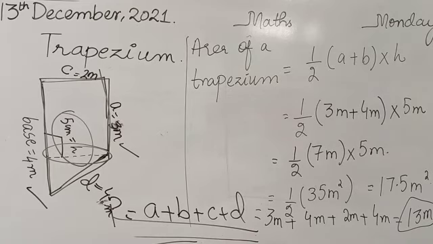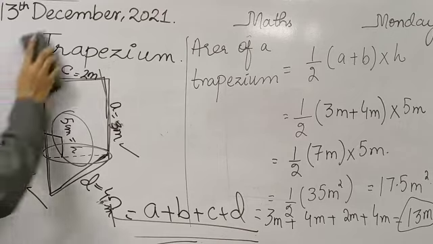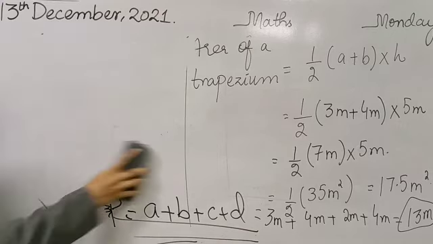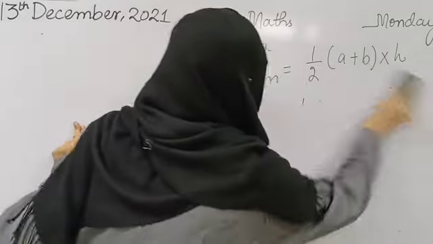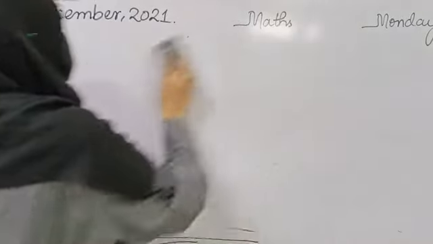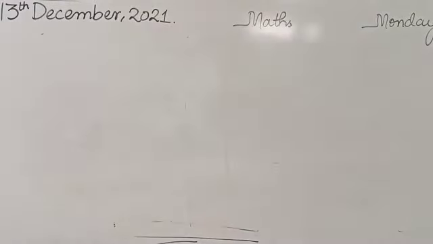So let's wrap up the lesson. What have we learned today? First of all, we learned how to find the area and perimeter of a parallelogram. Let me write the formula again. What is the area of a parallelogram? Abdul Hadi, tell me how will we find the area of a parallelogram?